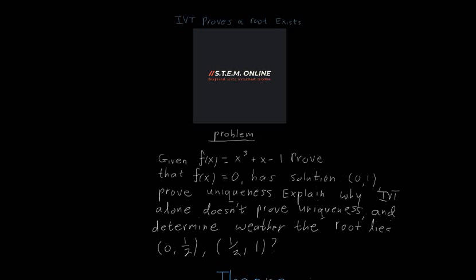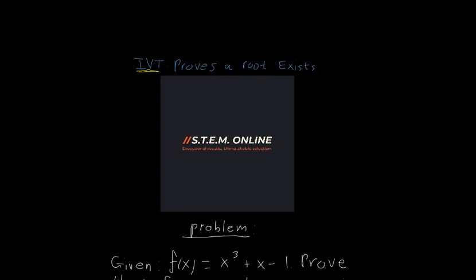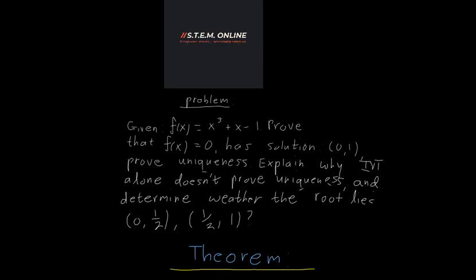Let's get right to the bulk of today's video. We're going to look at why a lot of you actually think the IVT does more than it actually does. When I say IVT, this one I've highlighted in blue, it's the Intermediate Value Theorem.